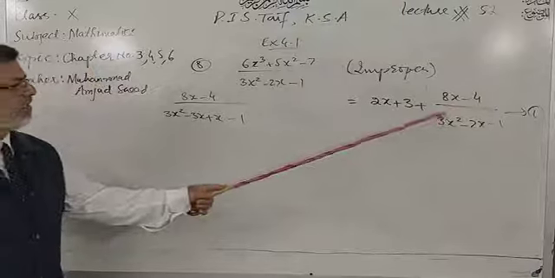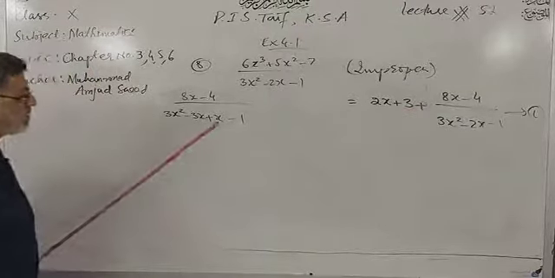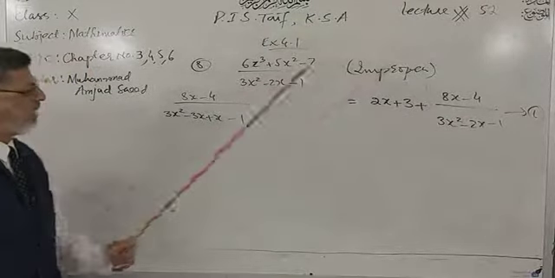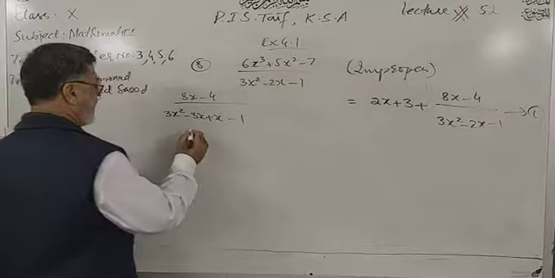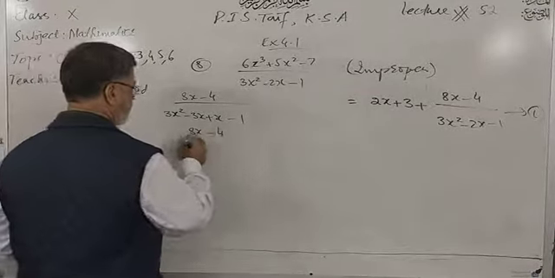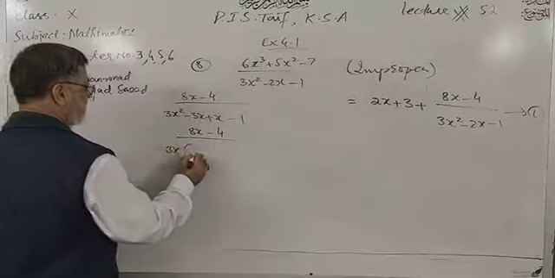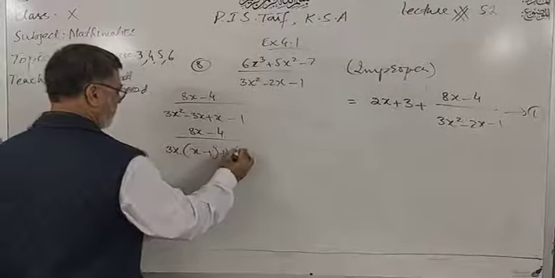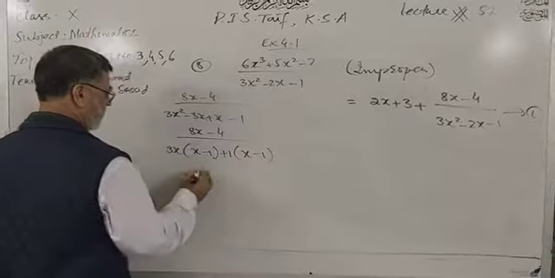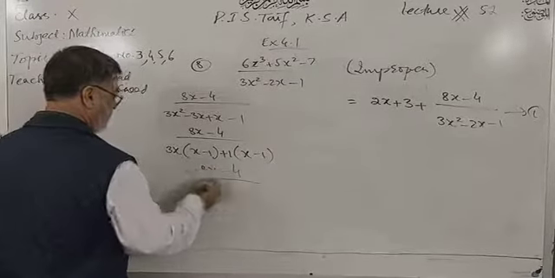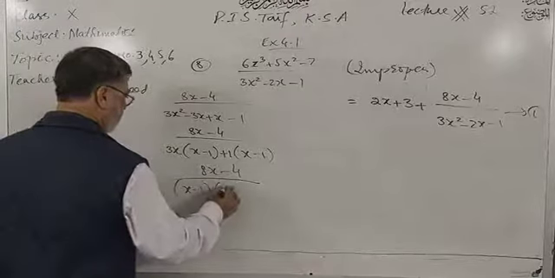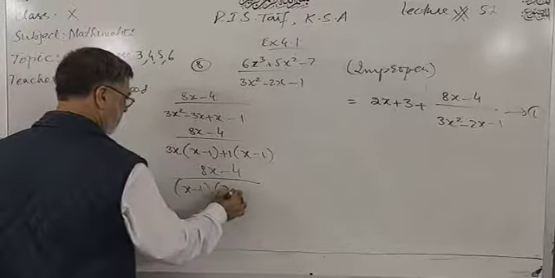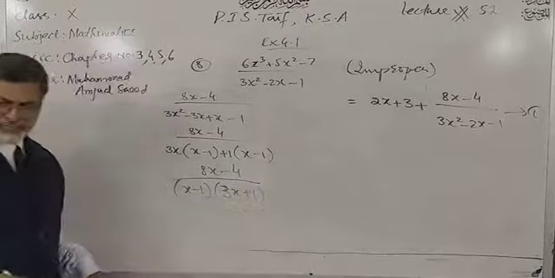Remember that 3 1 3. Minus 3 plus 1 is minus 2, and after multiplying you will get minus 3. So here is 8x minus 4 over 3x common x minus 1 plus 1 common x minus 1. So 8x minus 4 over x minus 1 into 3x plus 1.